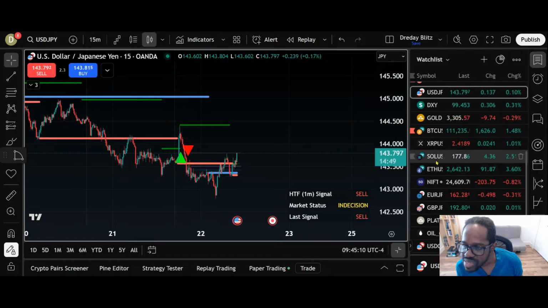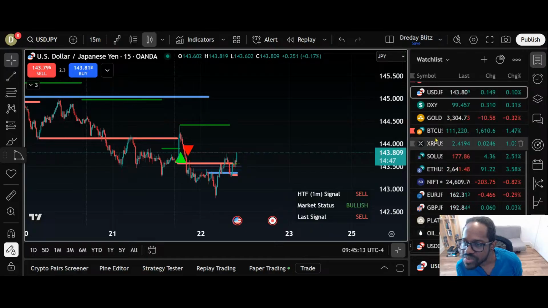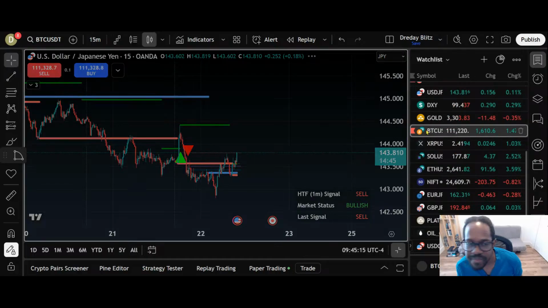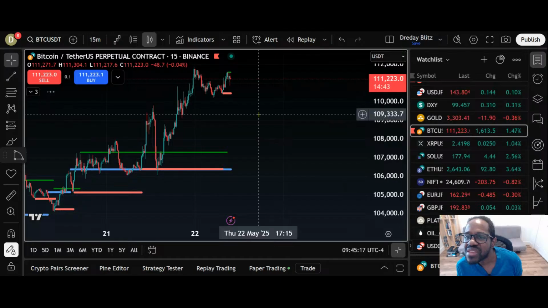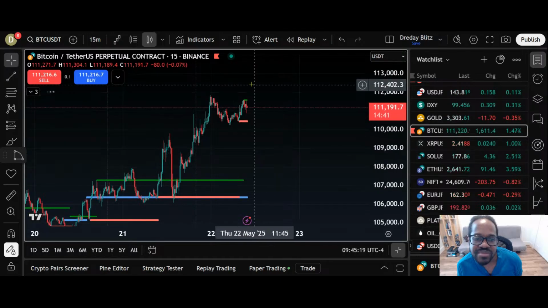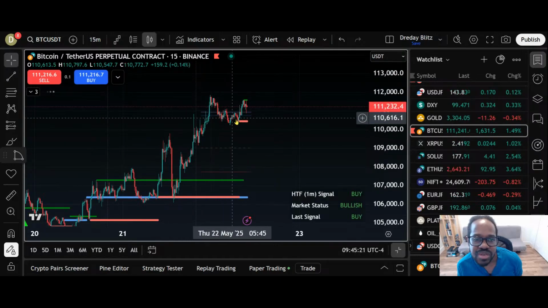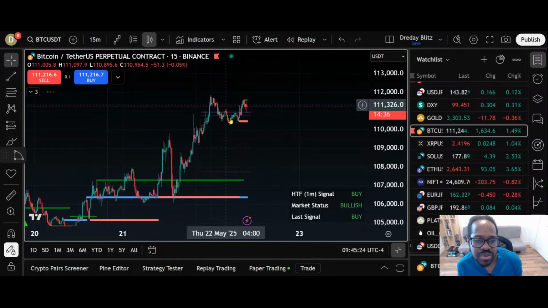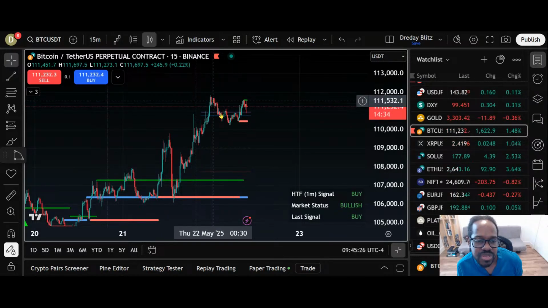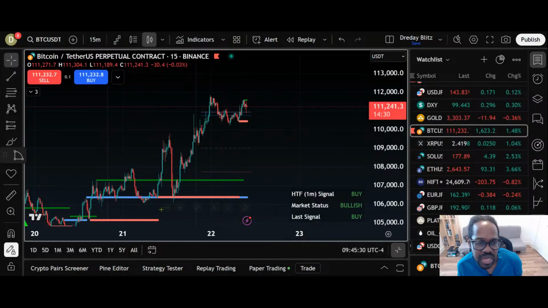Also, Bitcoin did an all-time high again. So I think we are at 111K. Yeah, 111K. Now it seems to be doing a higher low here on the 15 minutes. So we'll see if it wants to crash down and get some liquidity at the bottom here.